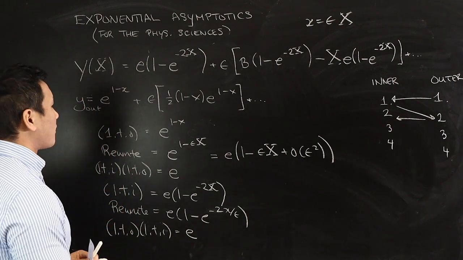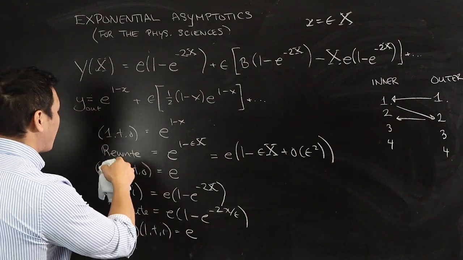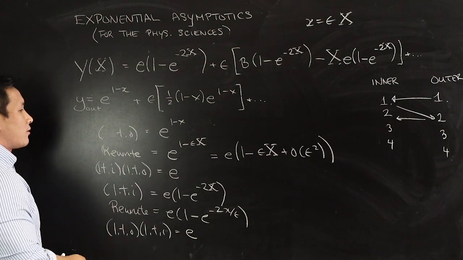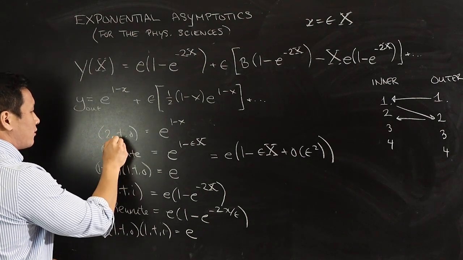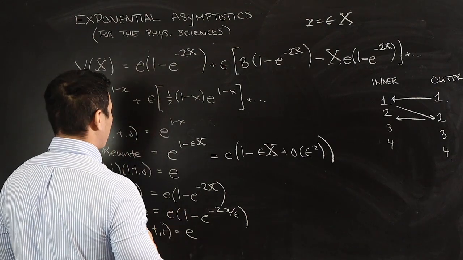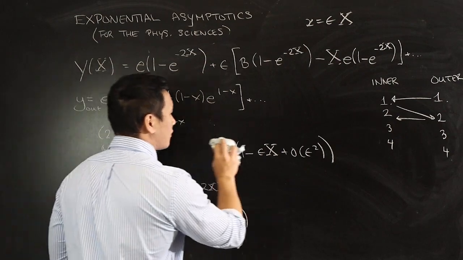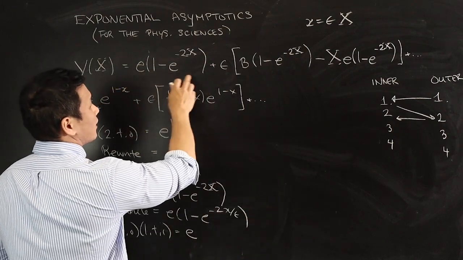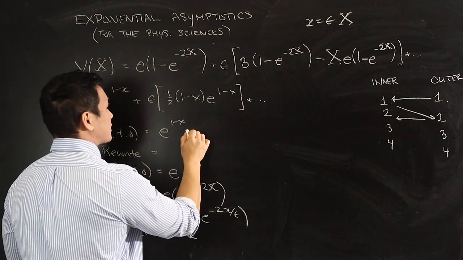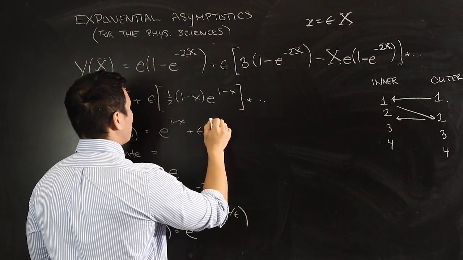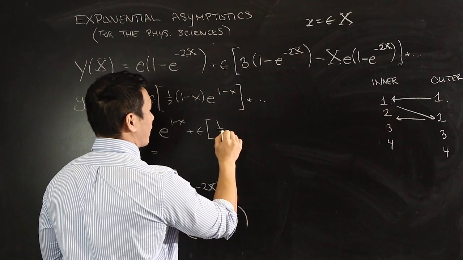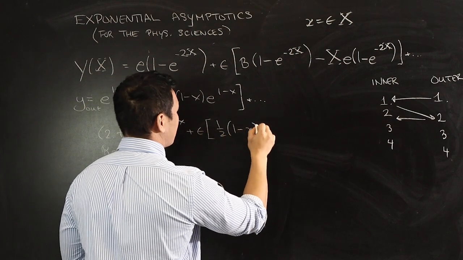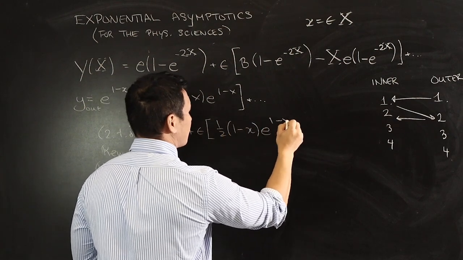So I can now take the two-term outer, and so I need to include this correction term. So that's plus epsilon 1/2 1 minus little x e to the minus 1 minus x.